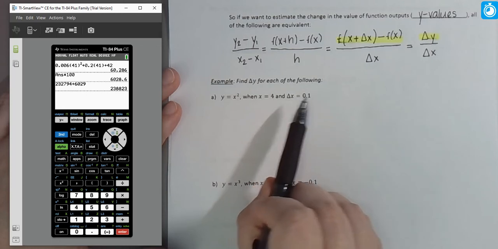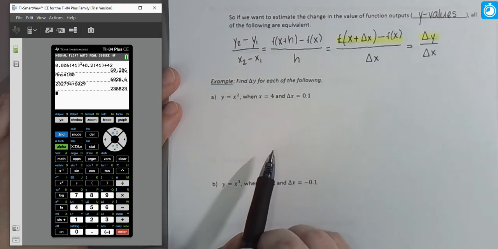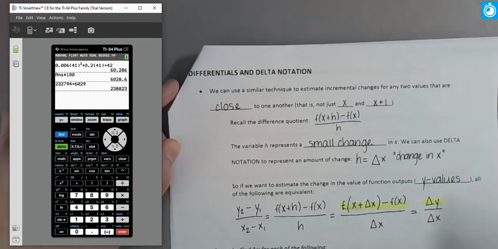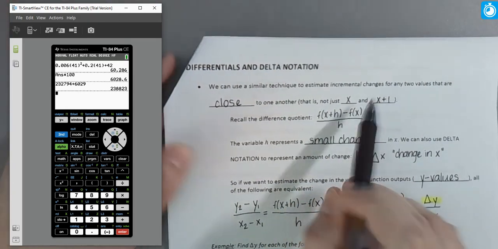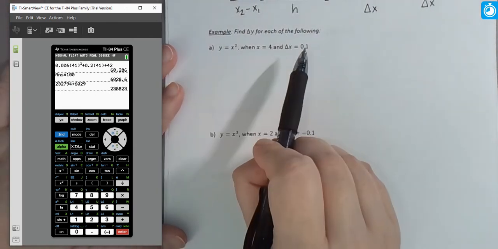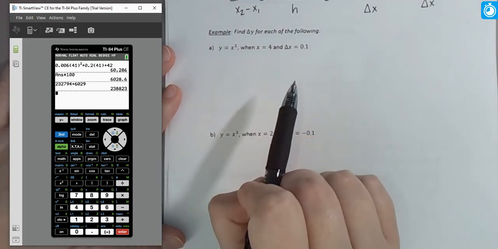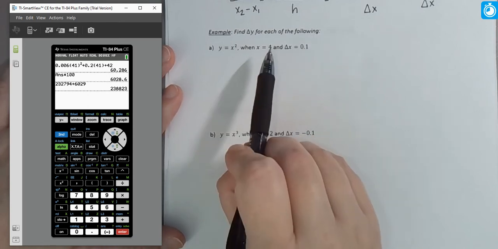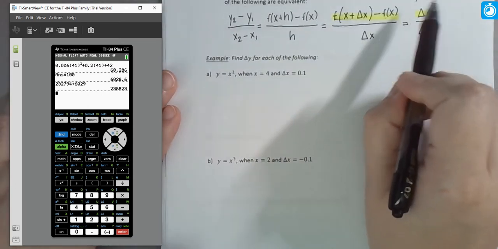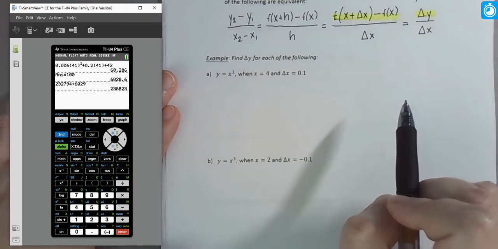And then the change in x is 0.1. In other words, we're not jumping from 4 to 5 like we would if we were talking about marginal change, but we're going from 4 to just a little bit bigger than 4, just to 0.1 units higher than 4. What would the amount of change in y look like in that case?